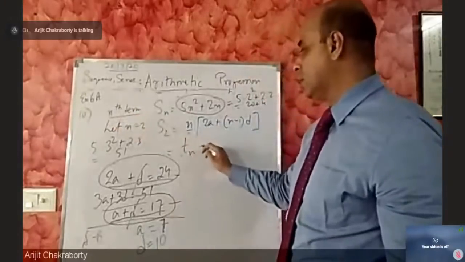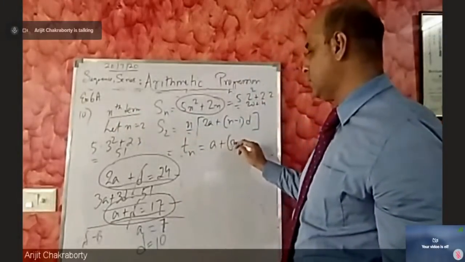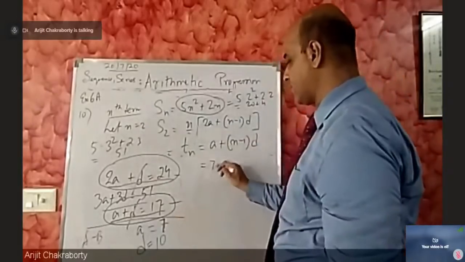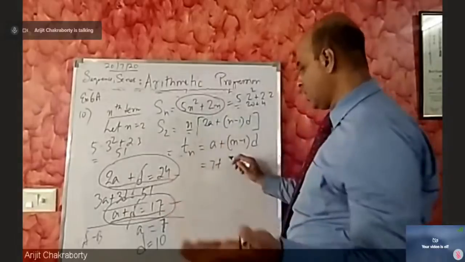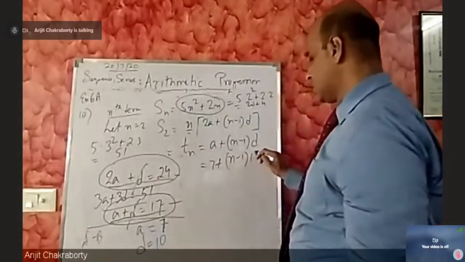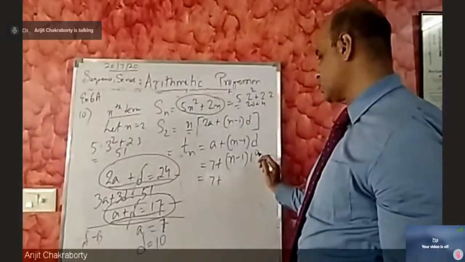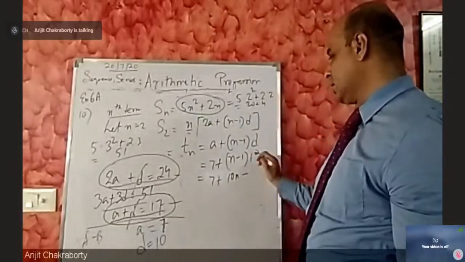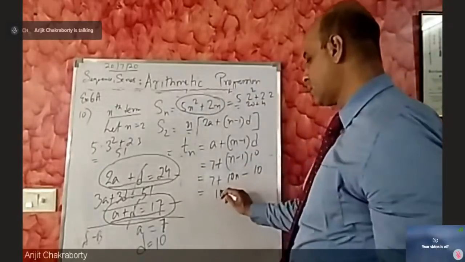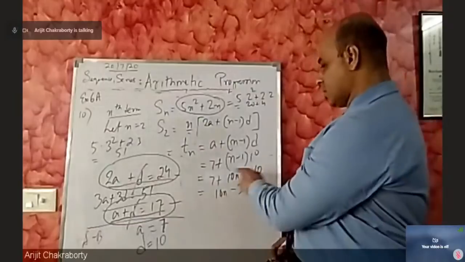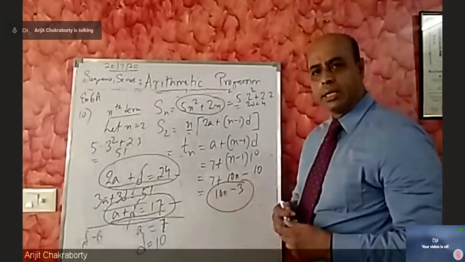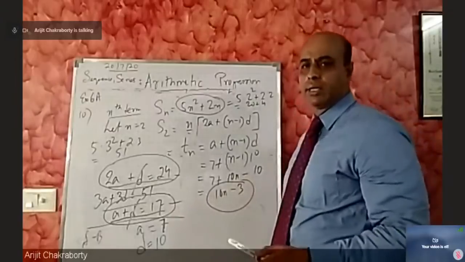So Tn, if you know, is a plus n minus 1 into d. A is 7. So I write 7 plus n minus 1, I keep it like this, and d is 10. So it is 7 plus 10n minus 10. That is 10n minus 3. Because 7 minus 10 is minus 3. This is the answer. You have got the answer now, 10n minus 3.